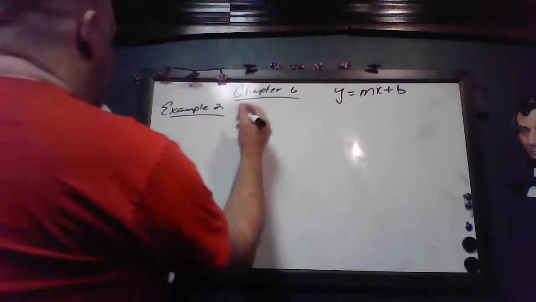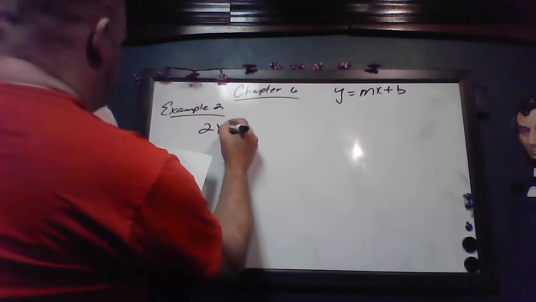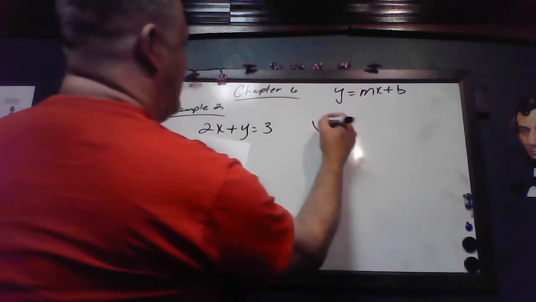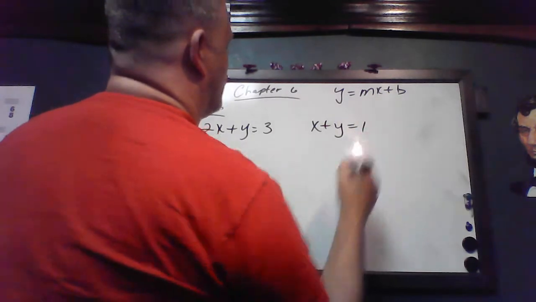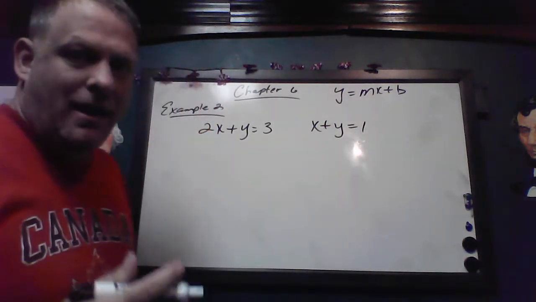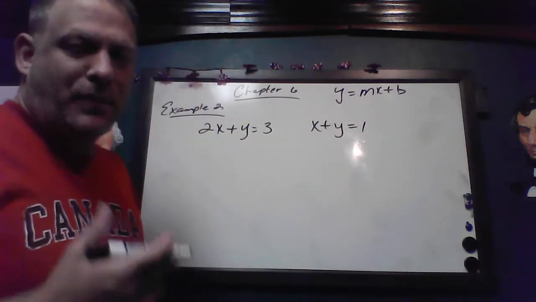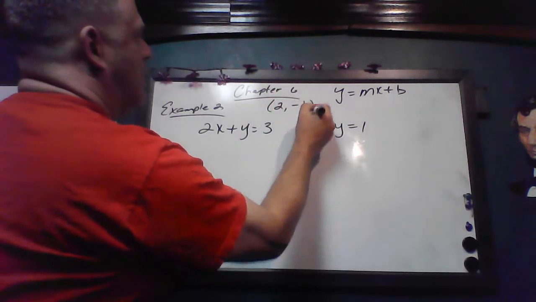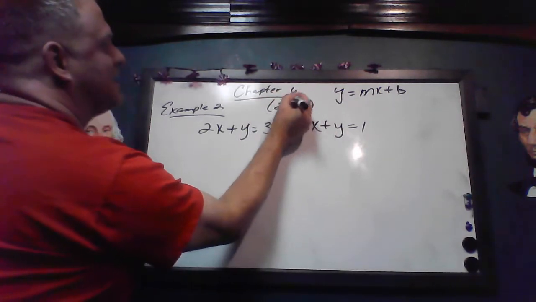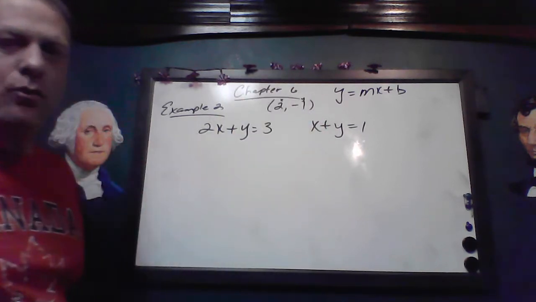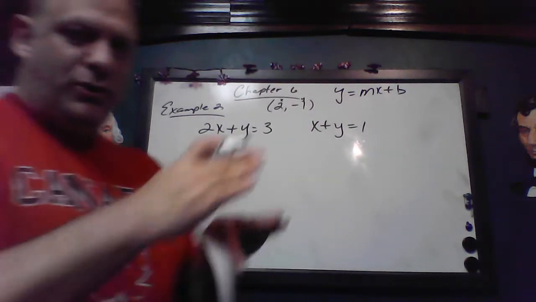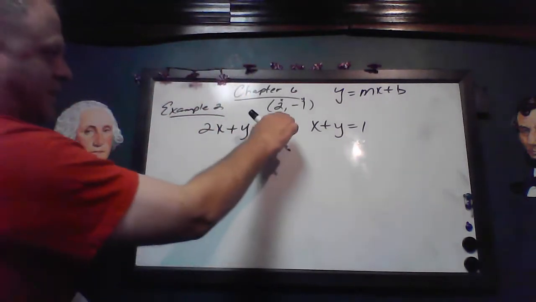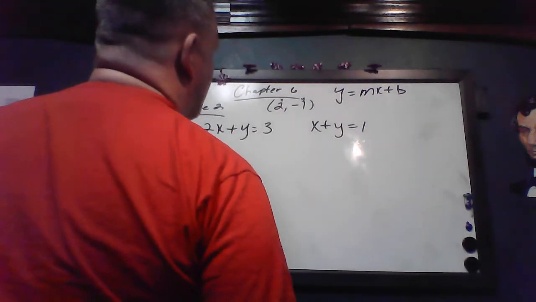We had 2x plus y equals 3, and x plus 1 equals y. And we got the coordinates 2, -1 from the last time, our x and y coordinates. When the two lines intersected together, they intersected at 2, -1.